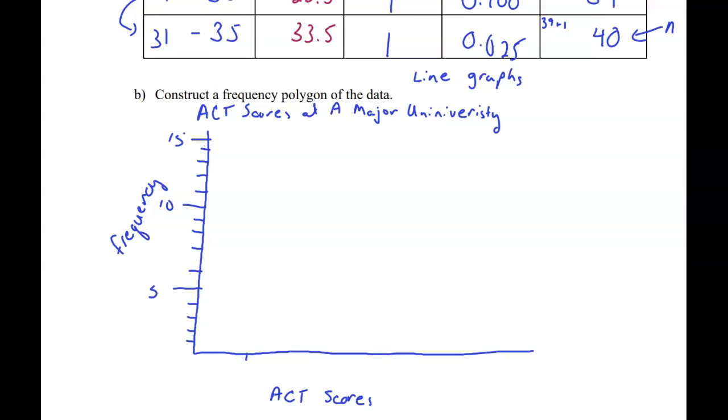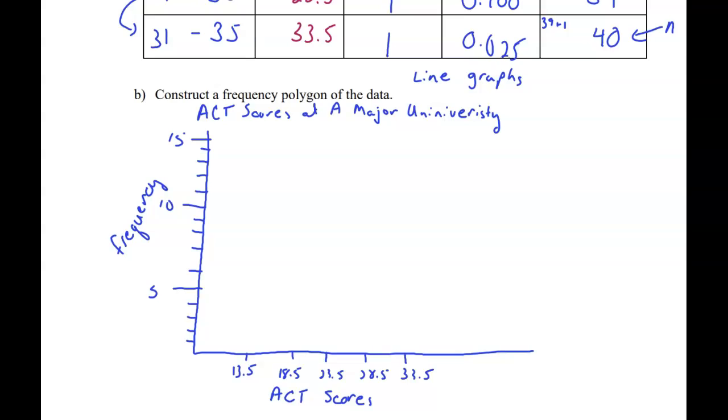So I'm going to start here with the 13.5, and then I'm going to go to the 18.5, 23.5, 28.5, and 33.5. Okay? And then I'm going to look at my chart, and at 13.5 we had 9 individuals.